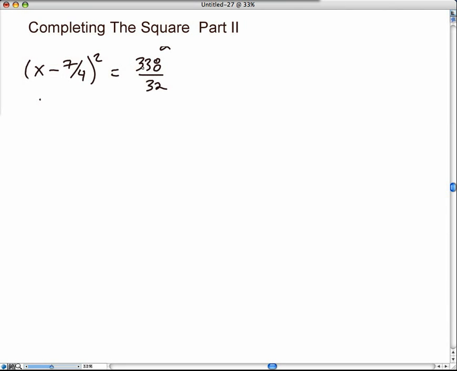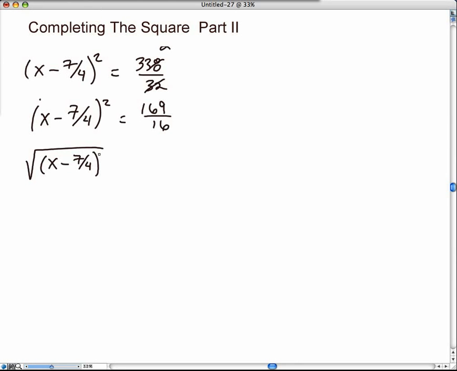But I bet I can reduce 338 and 32 by 2. It's just a trick, because I know where this problem is going. If you had a calculator, it'd be easier. If I reduce, it'll give me 169 over 16. Now let's take the square root on both sides of 169 divided by 16.